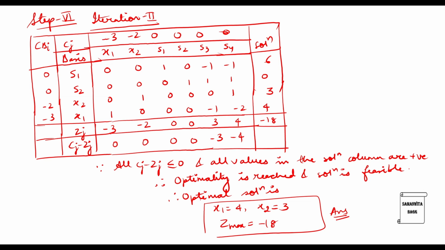If you want, you can substitute x1 and x2 in the equation of z, that is minus 3x1 minus 2x2. So this becomes minus 12 and minus 6, that is minus 18. Hence you can also tally the solution with the given equation.